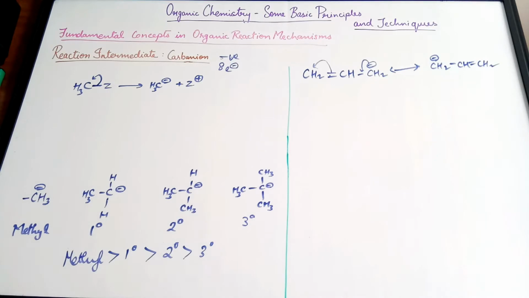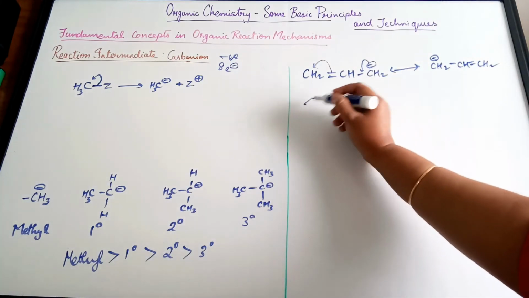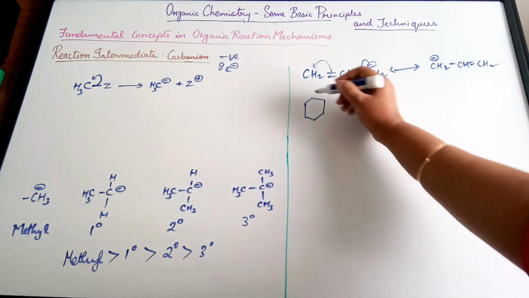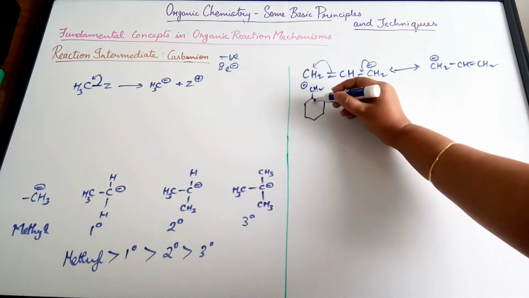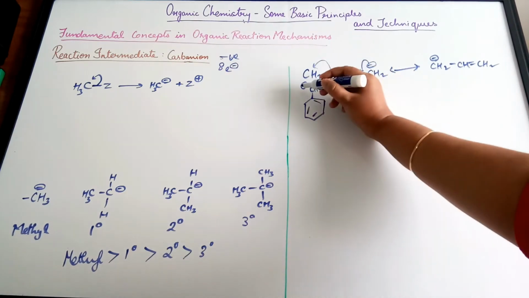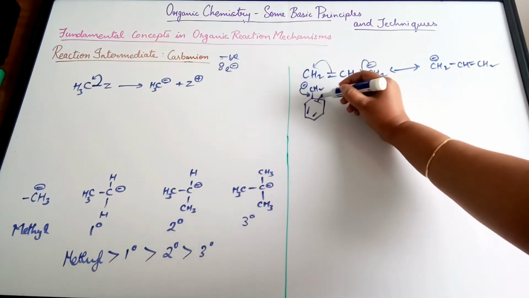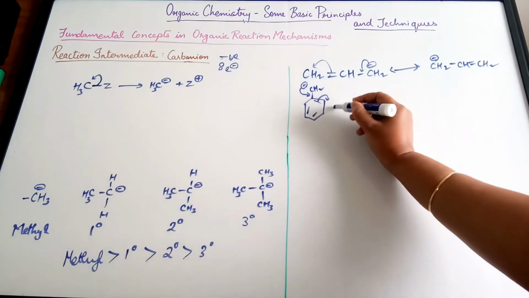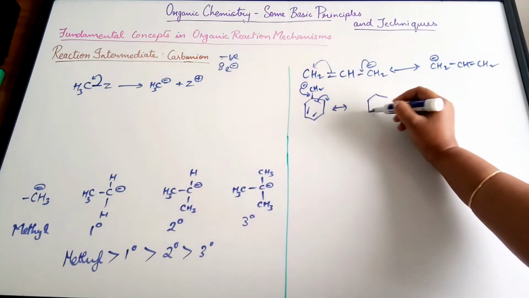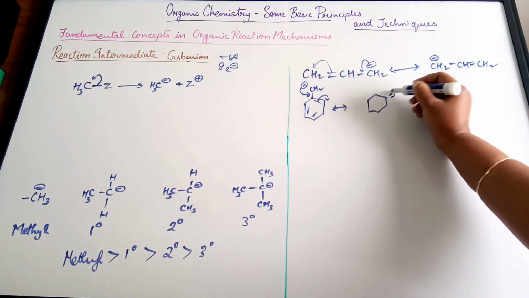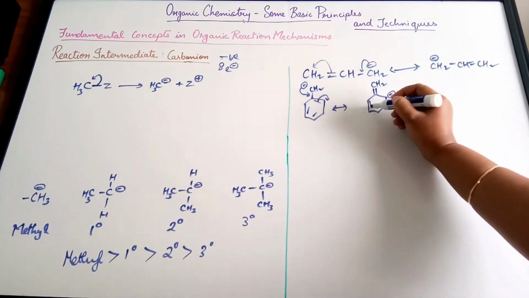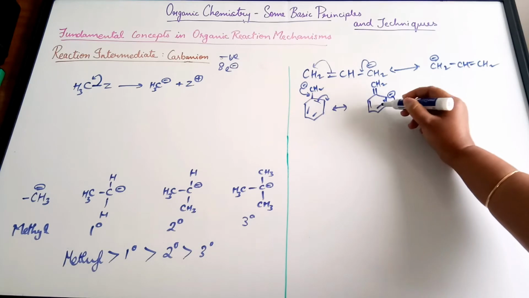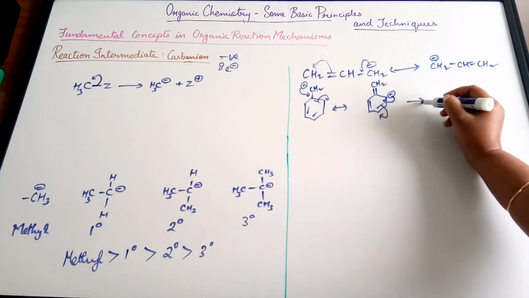Similarly, in the case of a benzyl carbanion, let's take CH2 minus attached to the benzene ring with its double bonds. We will be drawing the resonance structures and delocalizing the negative charge. So here will be a negative charge, and then this will shift inwards. This will go to the para position.